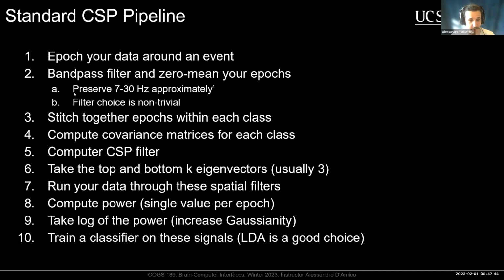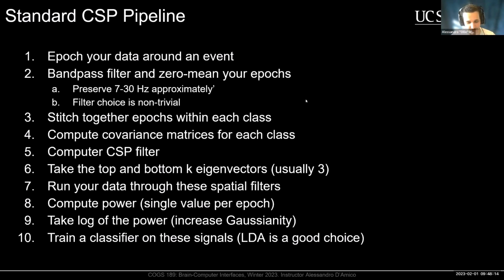It is not uncommon nowadays to use a filter bank approach, and we're going to explore that in the 4th homework. So you wouldn't take this giant filter, but you would use multiple different smaller chunks of filters. So for example, something like 7 to 9 hertz and 8 to 10 hertz and 11 to 12, and you'd go through and learn these spatial filters for all of these different filter banks.